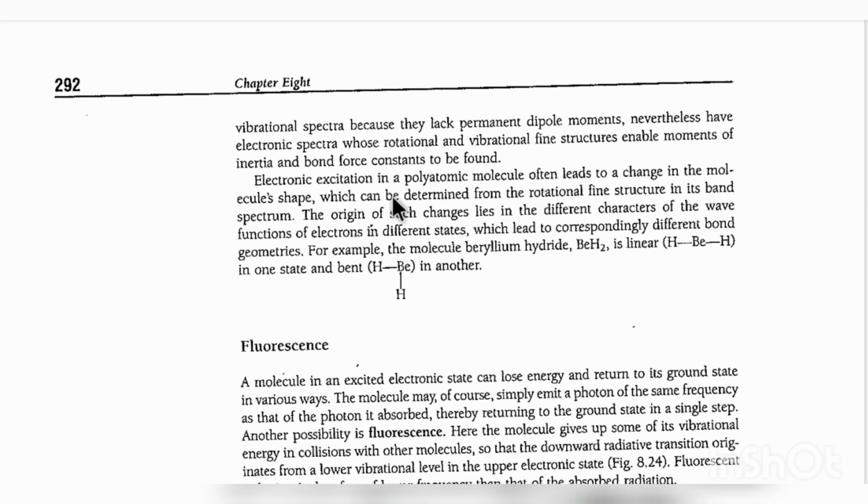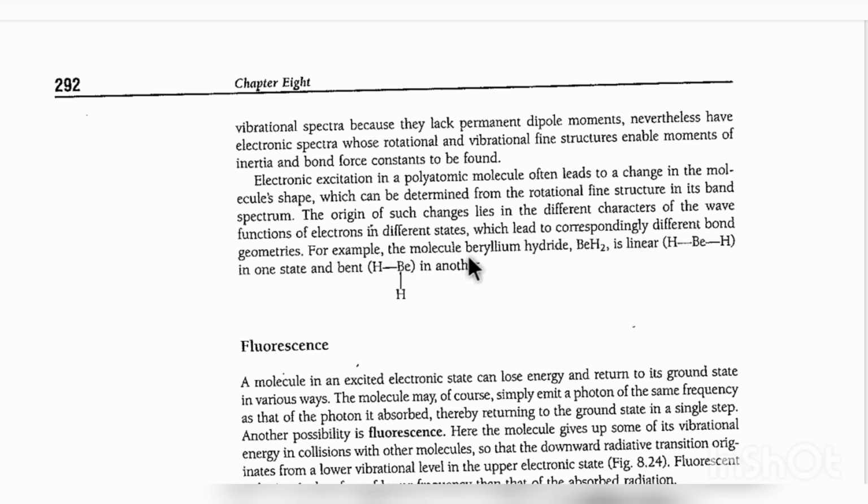Electronic excitation in a polyatomic molecule often leads to a change in the molecule's shape, which can be determined from the rotational fine structure in its band spectrum. The origin of such change lies in the different characters of the wave function of the electron in different states, which lead to correspondingly different bond geometries.